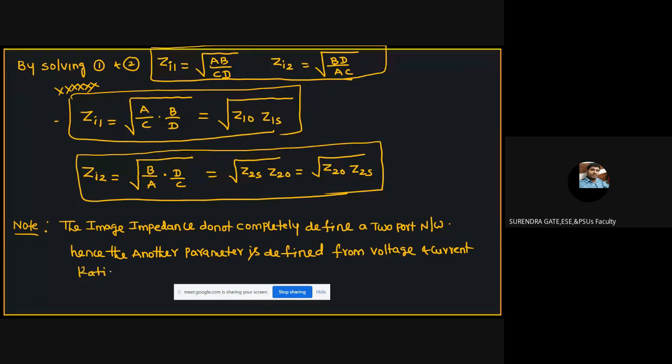What is that other parameter called? Yes friends, can anybody say what that parameter is called? That is called the image transfer constant.